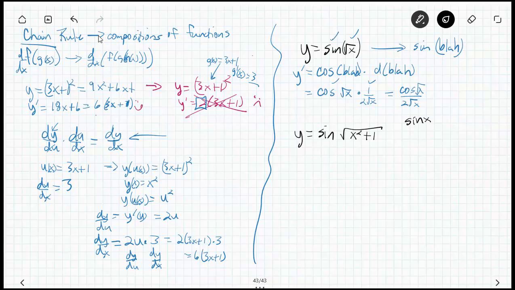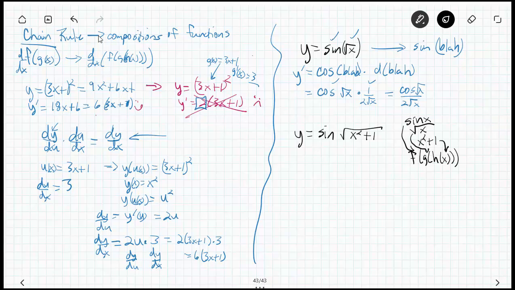Well, I'm sticking in a square root of x. What's going into the square root of x? X squared plus 1. So if you think of it as a composition, it is f of g of h of x. In other words, h of x is this guy, the x squared plus 1. G of x is the square root, and sine of x is the f.